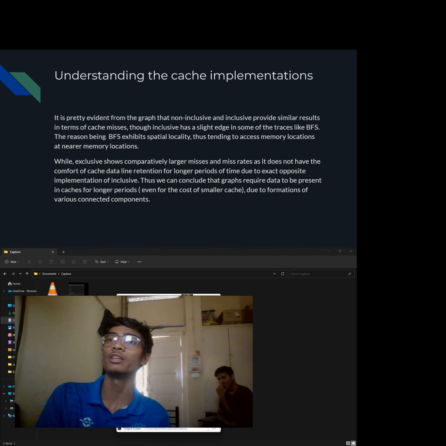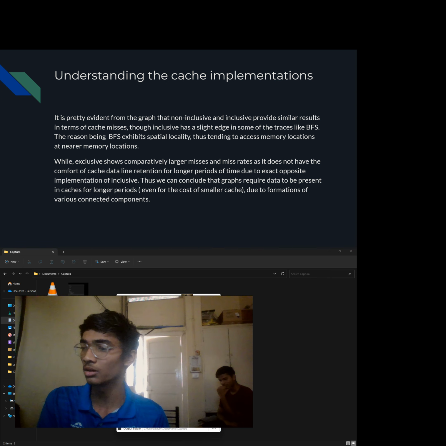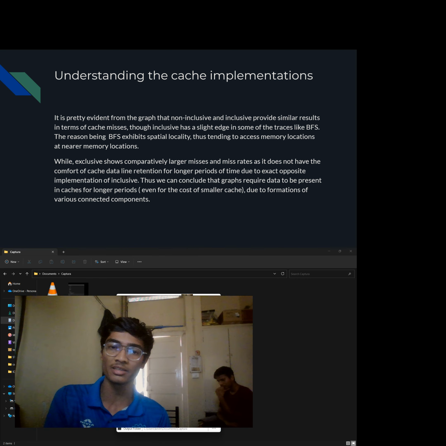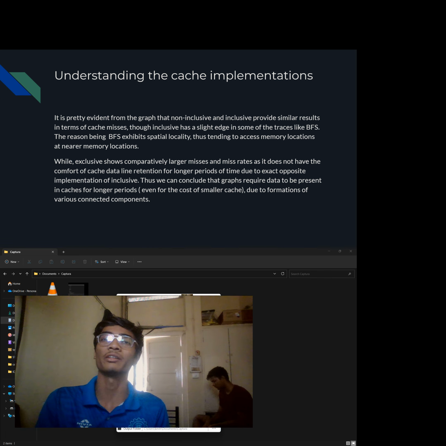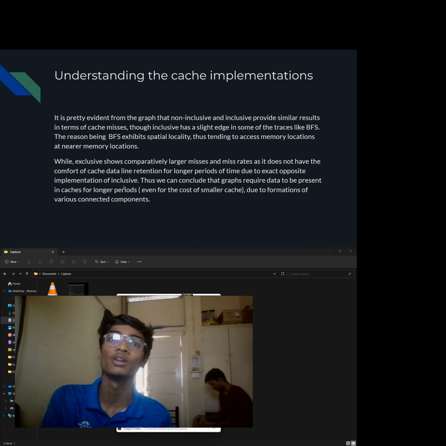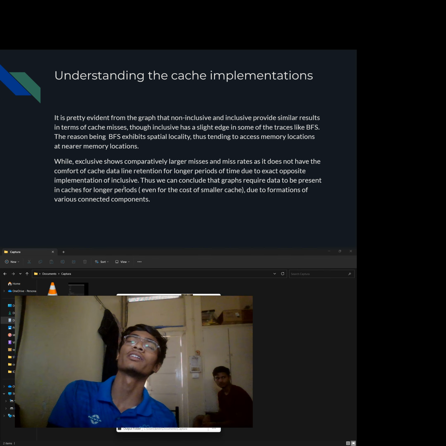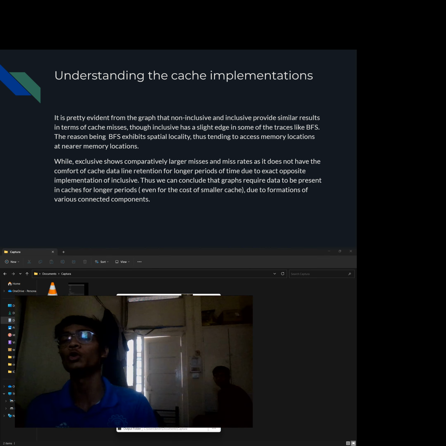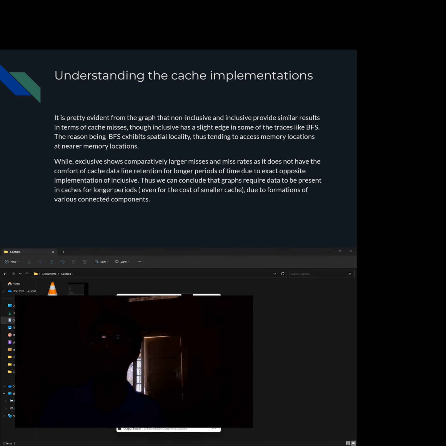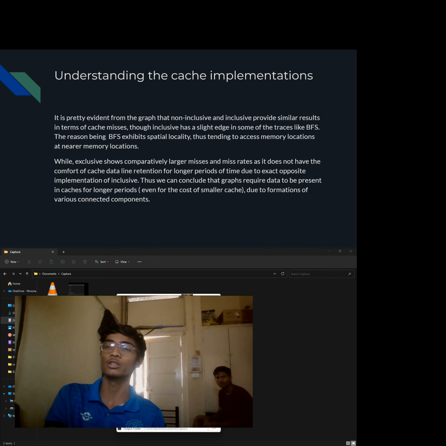Here BFS is more focused on its adjacency lists, so it tends to access memory locations which are closer to each other. So it's expected for the cache lines to be active for longer periods of time, and thus it could be satisfied even with smaller cache sizes.